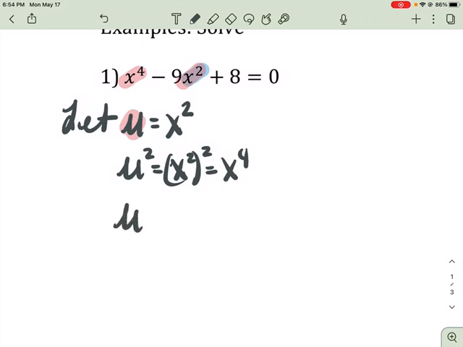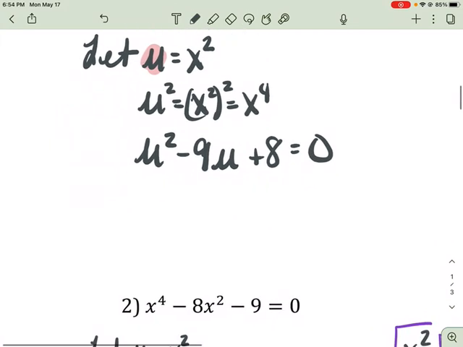Okay, so let's rewrite this problem now as u squared minus 9u plus 8 equals 0. Well, now it's a quadratic, and we know how to factor a quadratic. Multiply first and last, find me factors of 8 to add up to negative 9. Okay, so use your factoring techniques. Box, split, distribute, and solve.